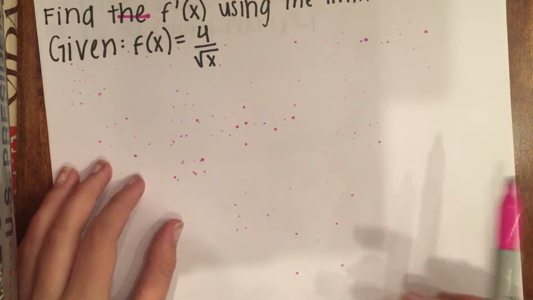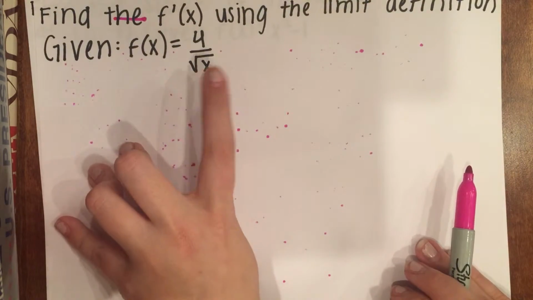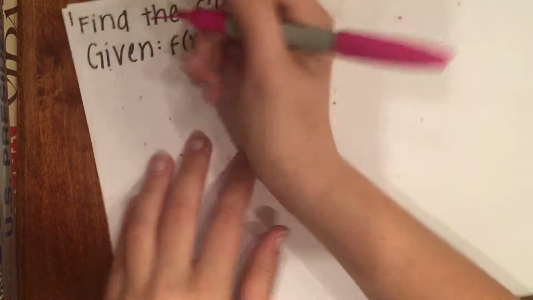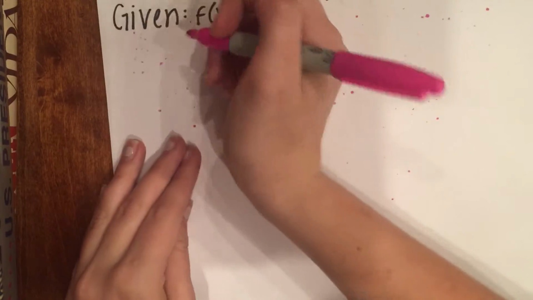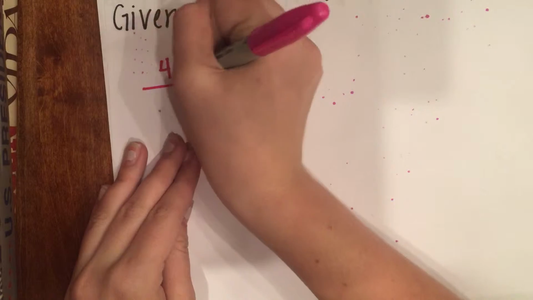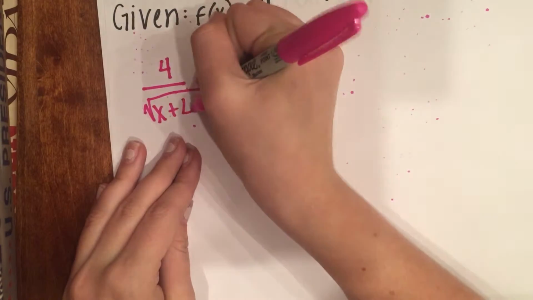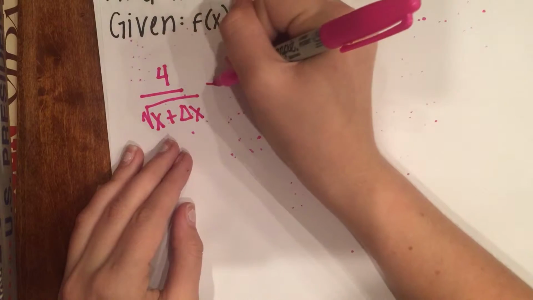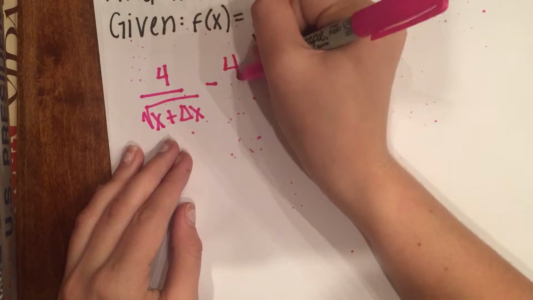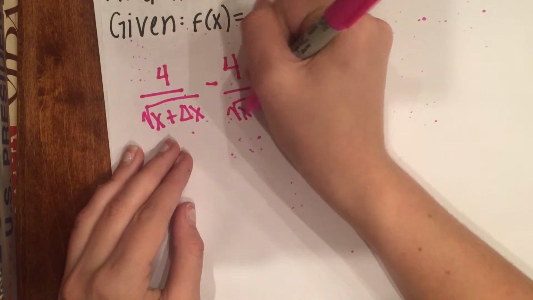First things first, I'm going to plug in x plus delta x for the only x in the equation. And I would get 4 over root x plus delta x, then subtracting the original, which is 4 over root x.